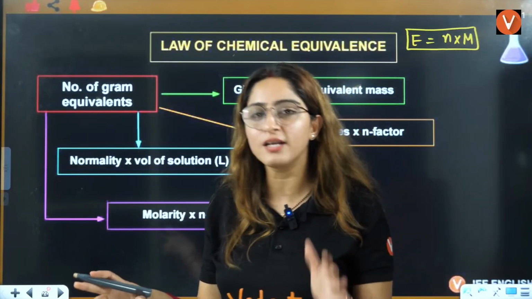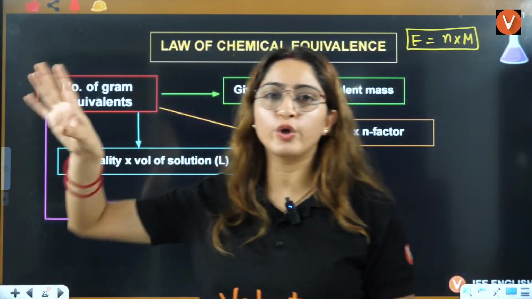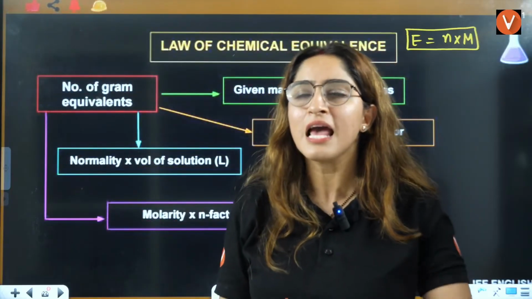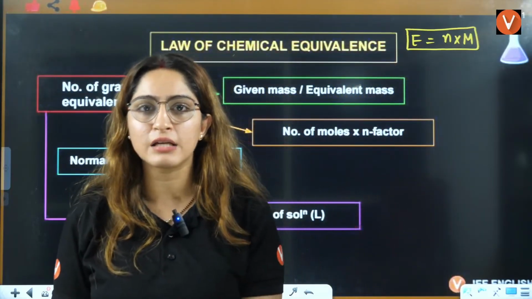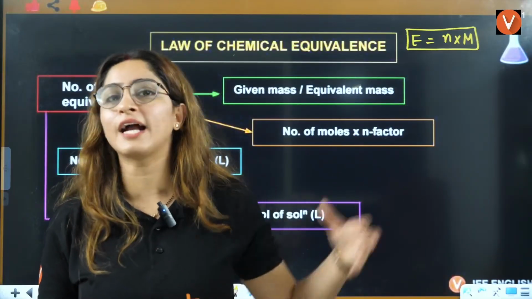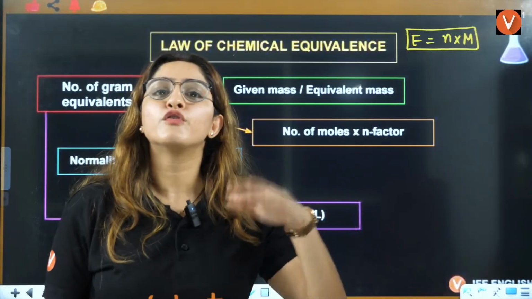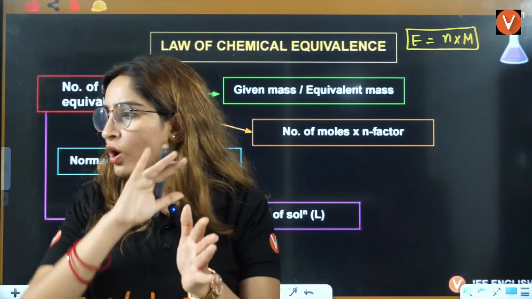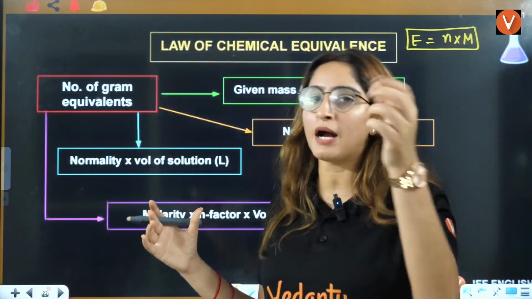Right now, I'll just show you with the help of examples. N factor is actually a valency factor. Today, I'll teach you some questions based on it, but the law of equivalence is not just this. We'll also study this in detail in redox reactions. So, some part we will study here, some part we'll study there.